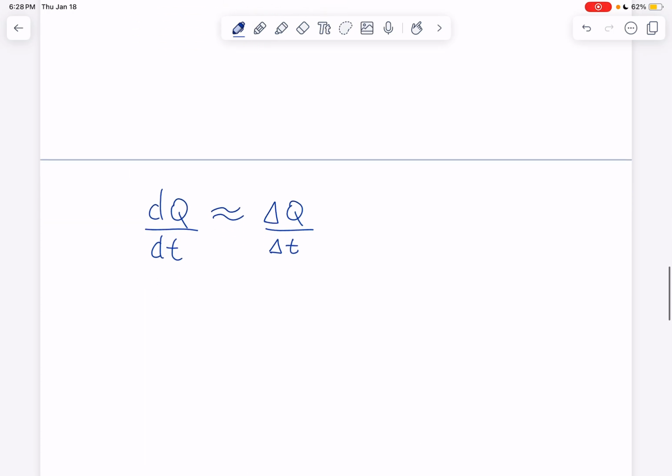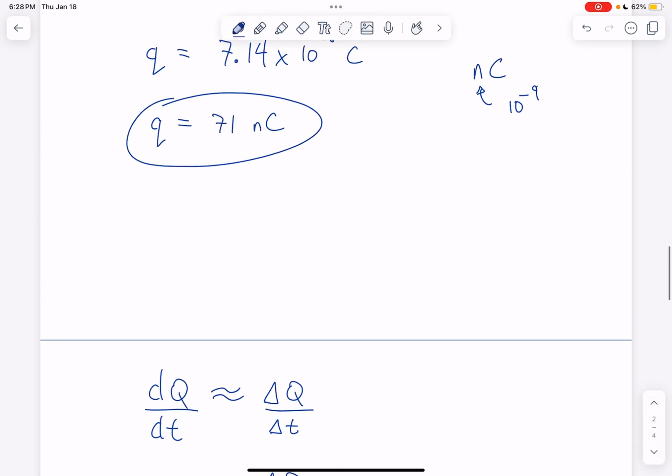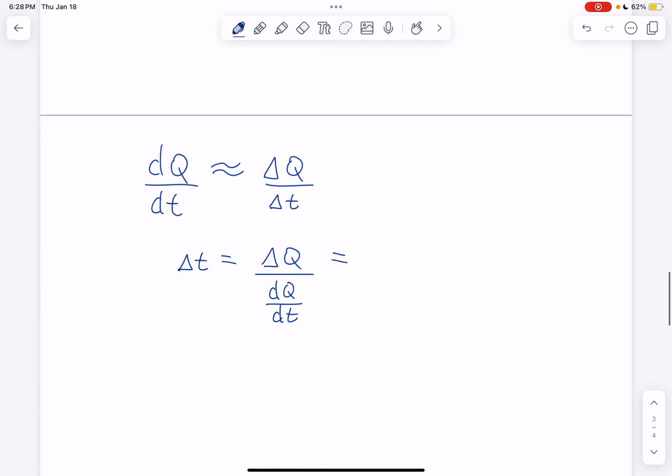And so we could rearrange that for delta t and say, well, delta t is equal to our change in charge divided by this dQ dt. And the change in the charge is what we just found here, 71 nanocoulombs. So we go from 0 to 71 nanocoulombs, and then our rate of change was 7.0 nanocoulombs per second.